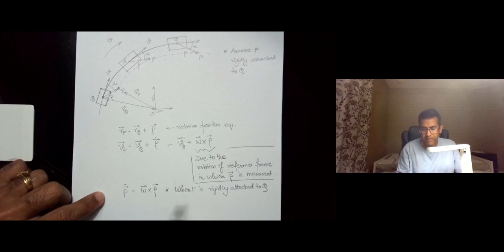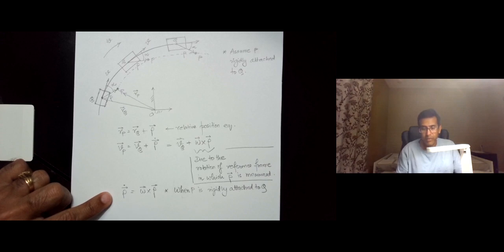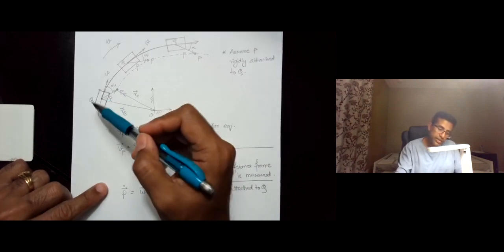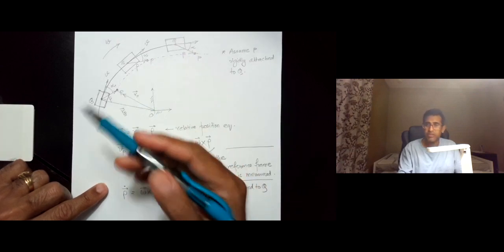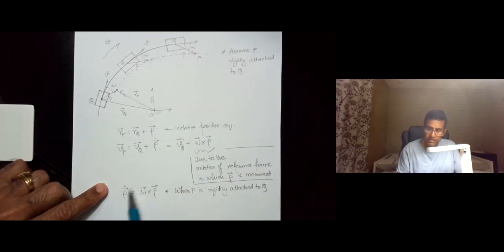Now to illustrate that this term, rho dot equals omega cross rho, indeed comes into play when the reference frame is rotating. In other words, if the reference frame was not rotating, then this term would not have come into play.